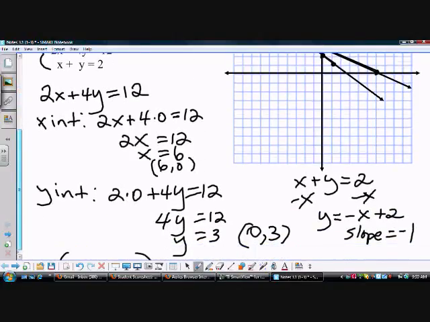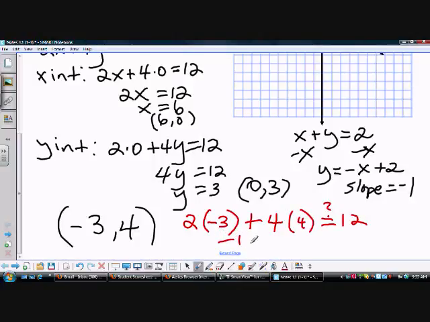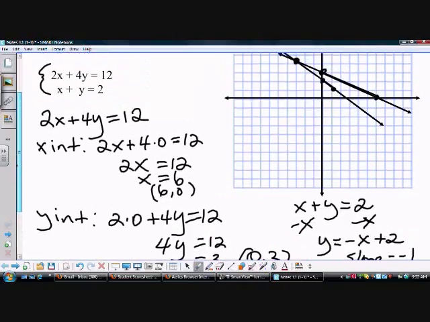So I'll put negative 3, 4 into the first equation, 2x plus 4y equals 12. Let me go to a red pen for my check. So 2 times negative 3 plus 4 times 4, is that equal to 12? That's negative 6 plus 16. Oh, that ain't right. Equals 10. So I wasn't quite on it, was I?